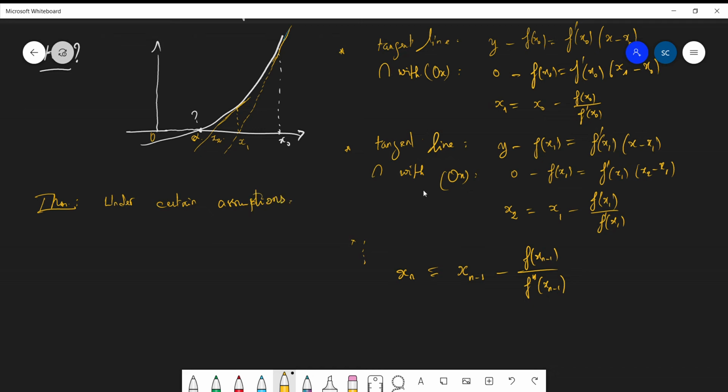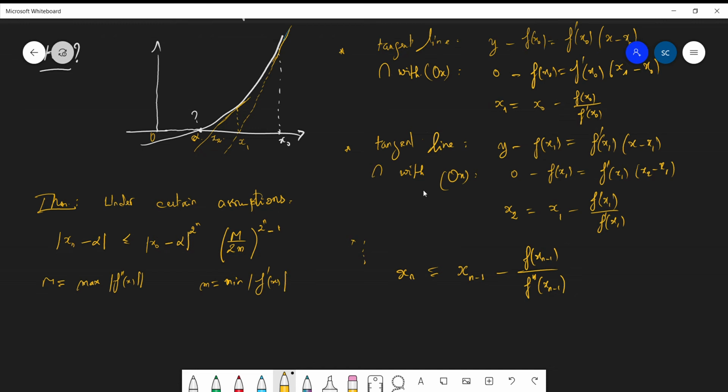We can prove that |xn minus alpha| is less than (|x0 minus alpha|)^(2^n) times M over 2m to the power 2^n minus 1, where capital M is the maximum of the second derivative and small m is the minimum of the first derivative.